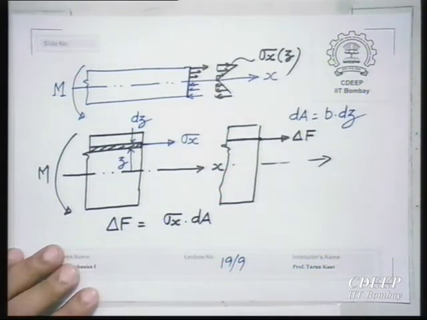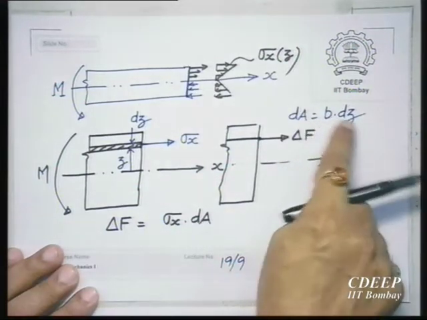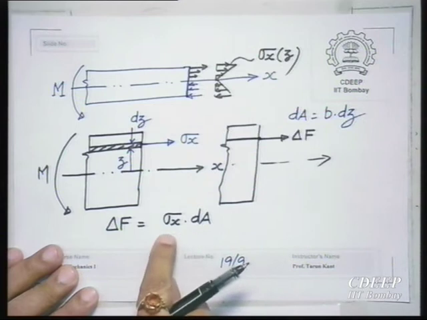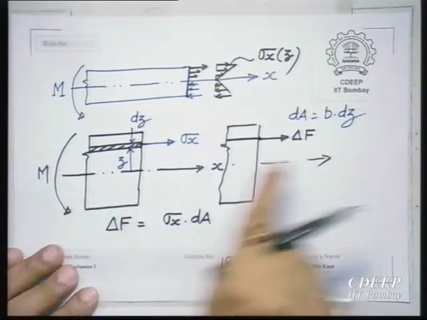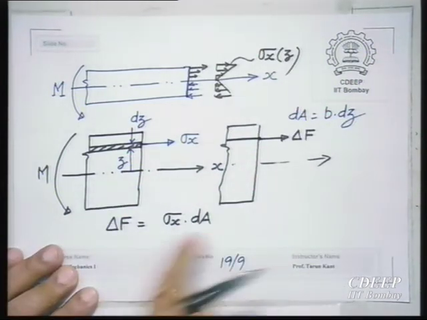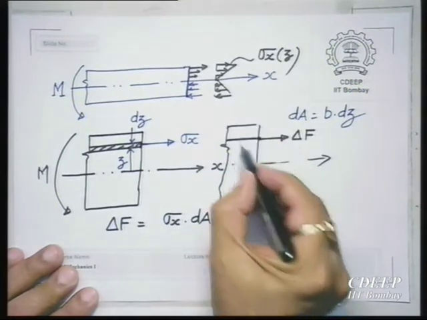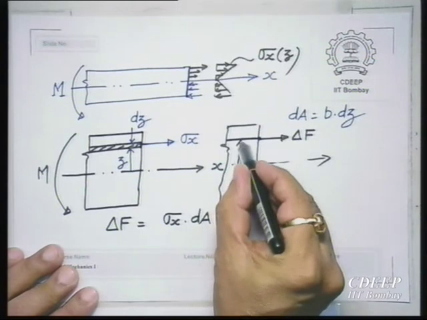Stress is acting on a smaller area dz multiplied by b, where b is the width of the beam. Is it okay? So total area is b times dz. So I am just writing dA multiplied by stress is a small force df. So this is df force at this distance z.